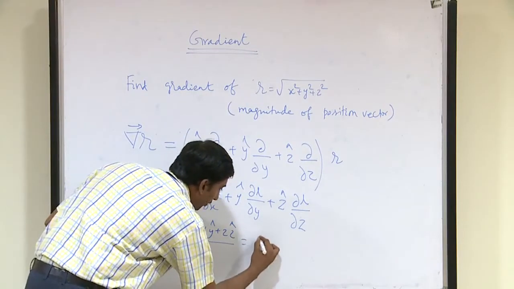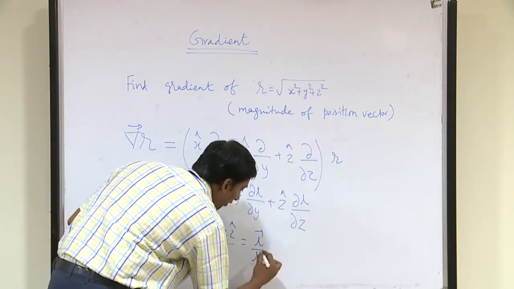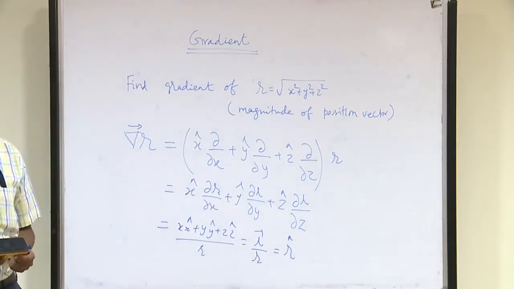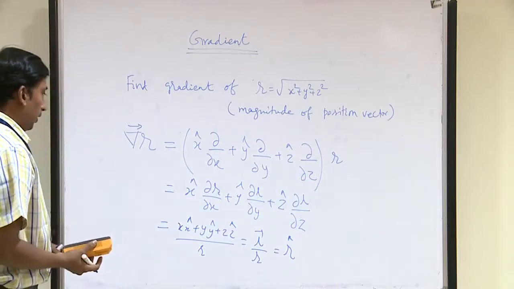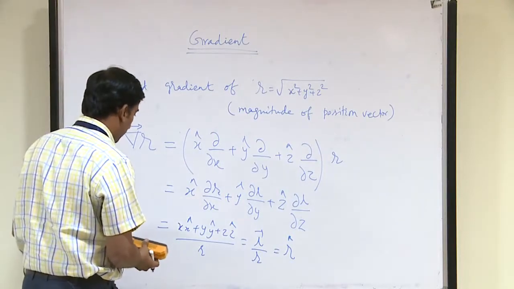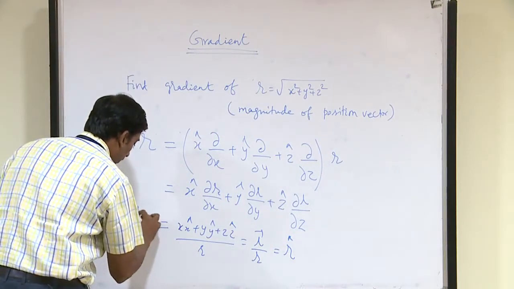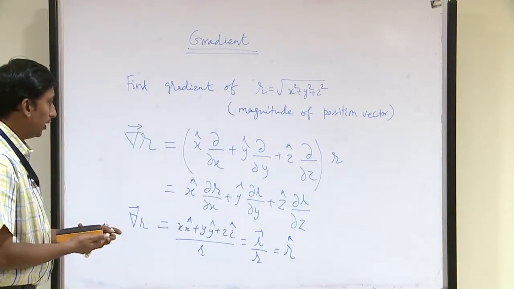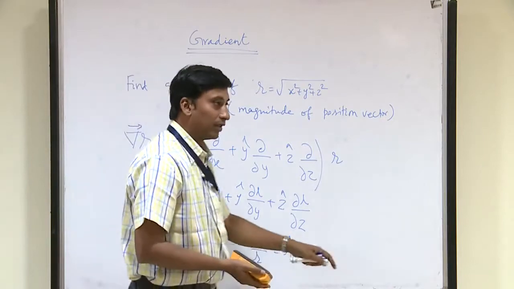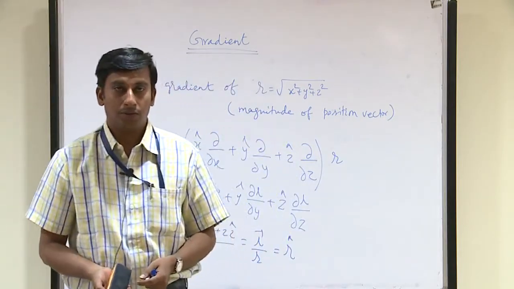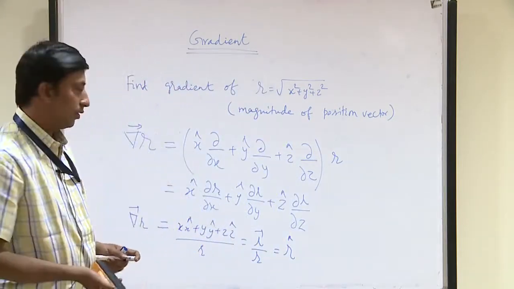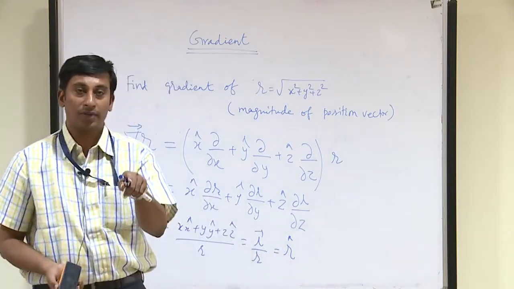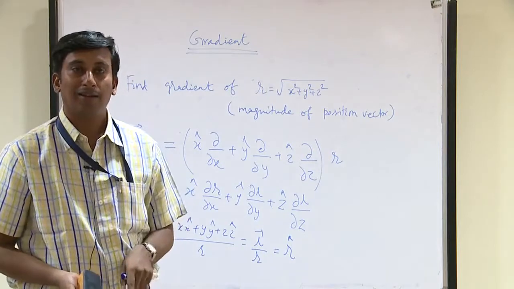What is this by definition? R vector divided by r, which is nothing but the unit vector. So that is a standard definition. So what does it signify? It denotes the unit vector along the radial direction. Which is meaningful, because where is the maximal change for this position vector? It will be only along that r cap direction.